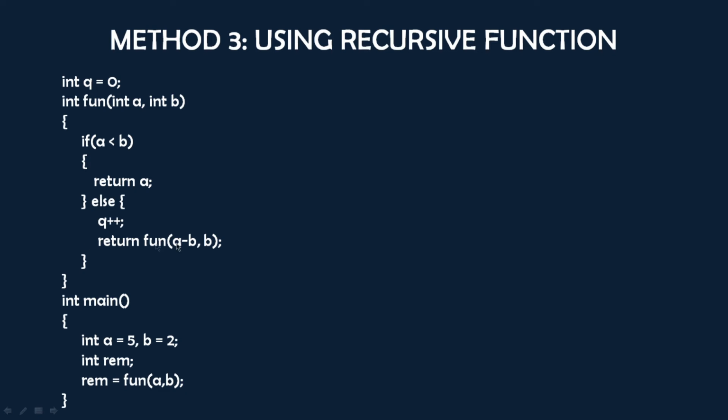We increase the value of our Q by 1. Note that we declared our Q variable as a global variable, so that it is easy for us to access this variable. Then we call our fun function to perform a recursive process. As I told you, this method is very complicated, but we will try to simulate this line by line.